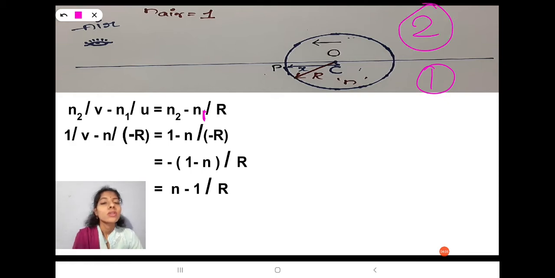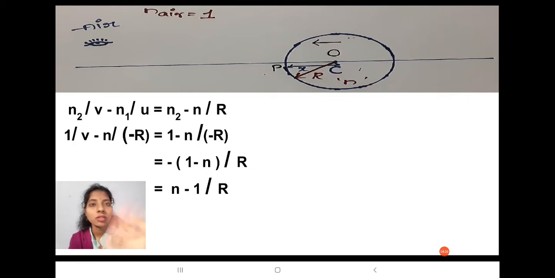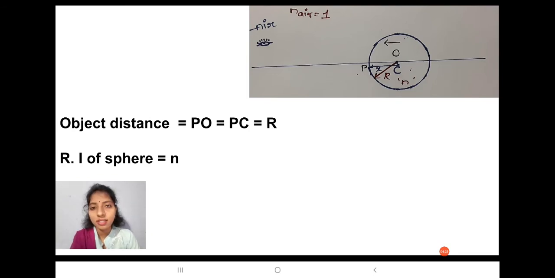So the refractive index n2 is 1. So 1 by v minus n by u equals 1 minus n by R. Here the u value is R. We know the object distance is denoted by u. So what is the object distance? R.